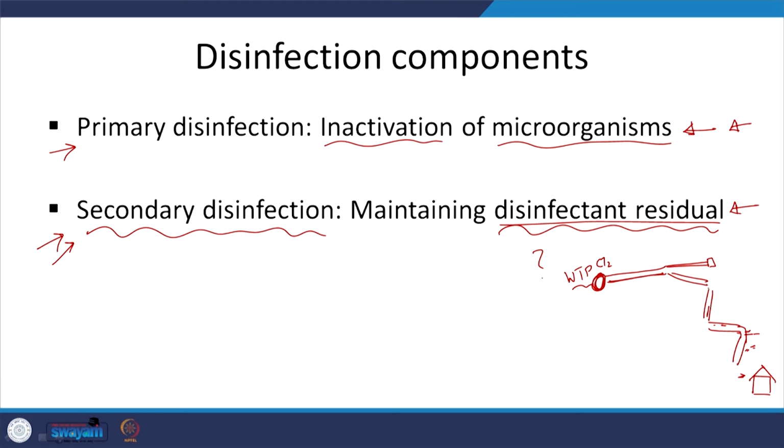So, by the time this water travels here, the chlorine dose might be less, 0.2 milligram per liter is typically acceptable, but here it might be pretty high. Why? The travel time is less. So, there are different ways to look at it. So, primary disinfection at the point of disinfection, secondary disinfection to rule out microbial regrowth and contamination of the water later on, those two aspects.